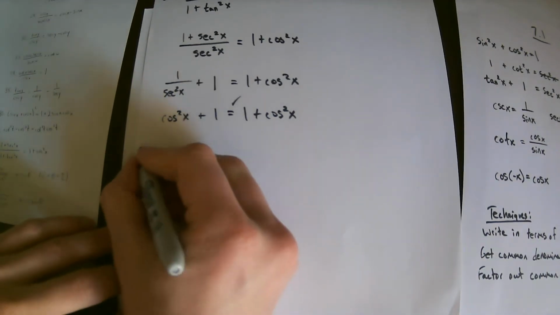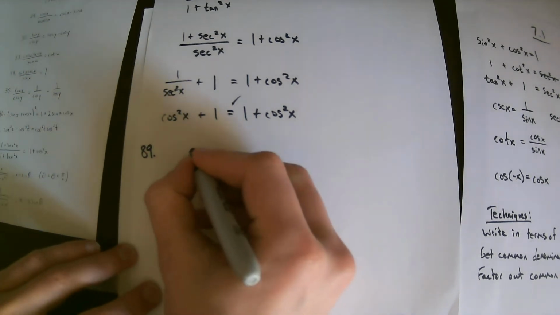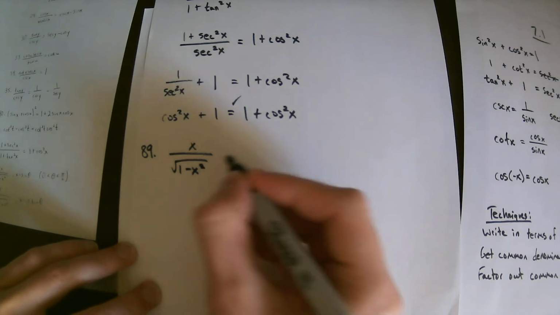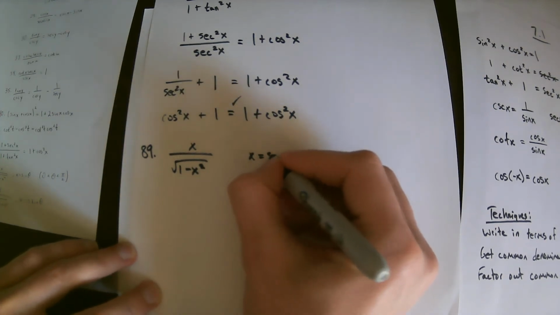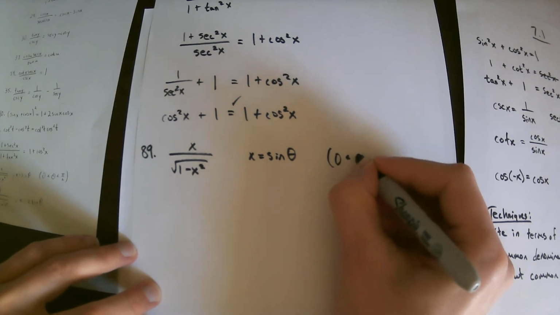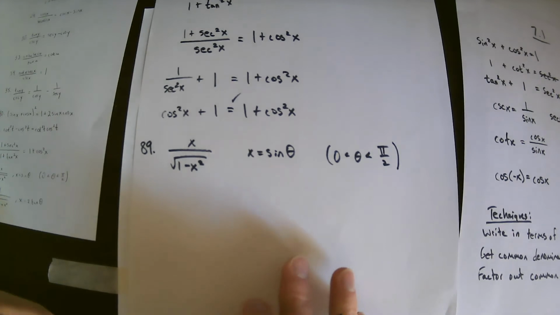Alright, so the last two are problems where we are taking an expression in terms of x and replacing x with a trig function. And by the way, theta is bounded into the first quadrant here.